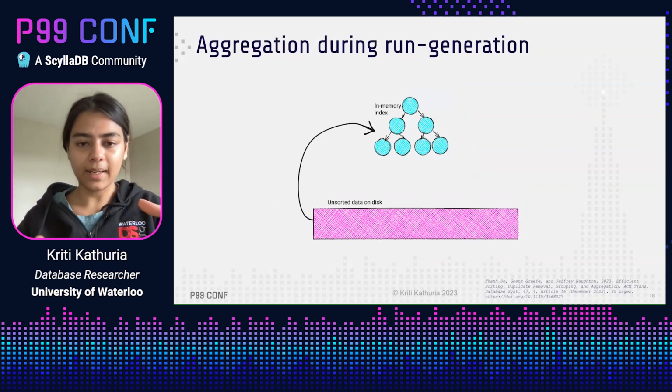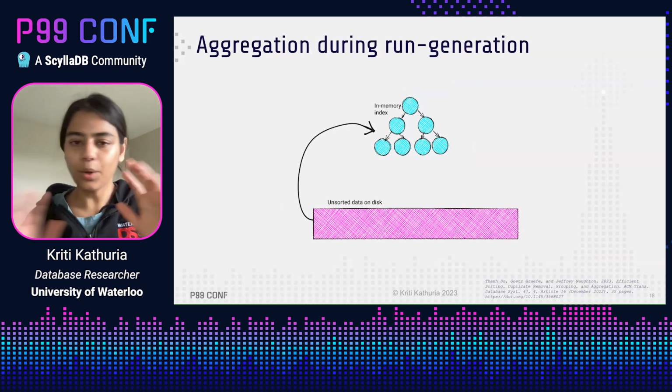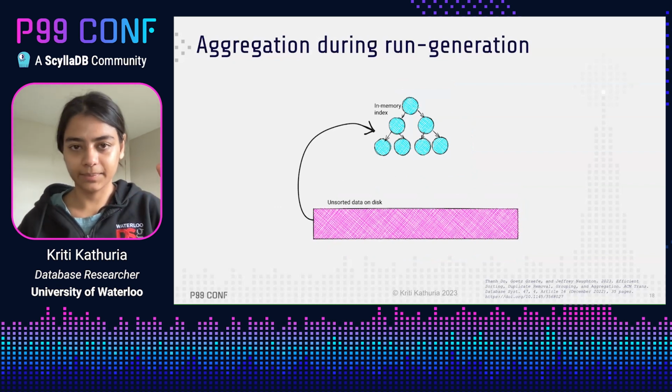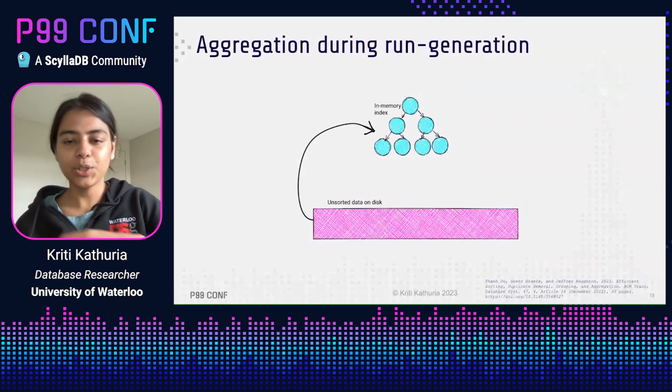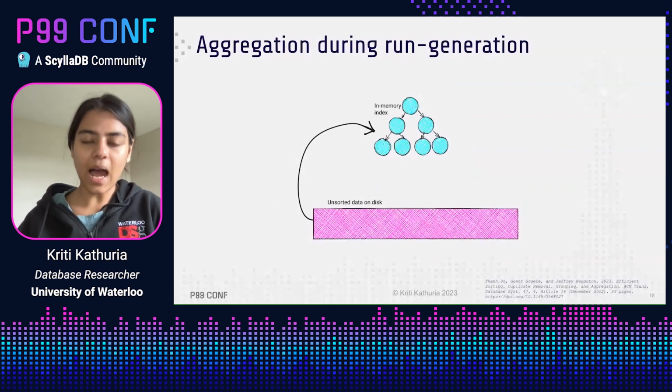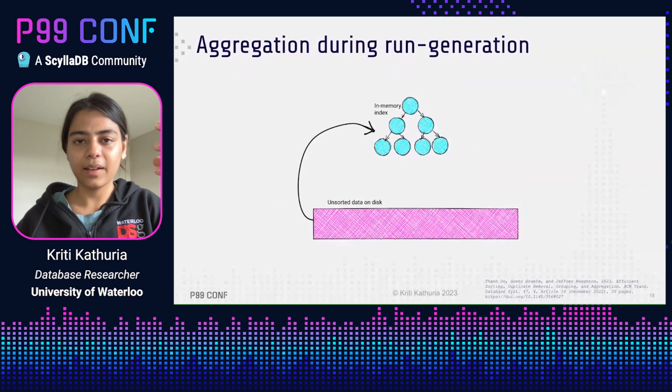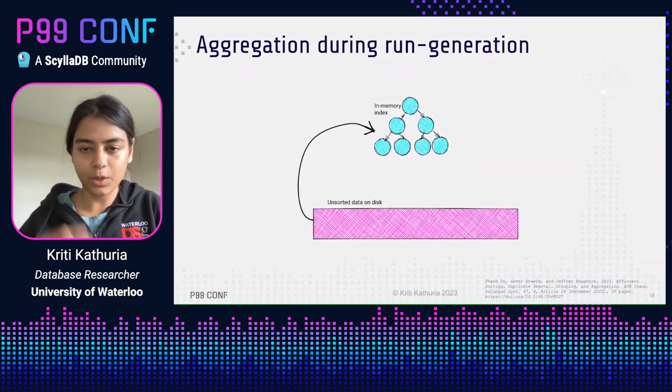So this new technique says, don't sort the data. What it says is, as you read the data from the disk, simultaneously create an index on the values of your grouping column. Because this is an aggregate, your index will assimilate all of the data that you are reading from the disk. For example, you're reading from the disk and you're building the index.